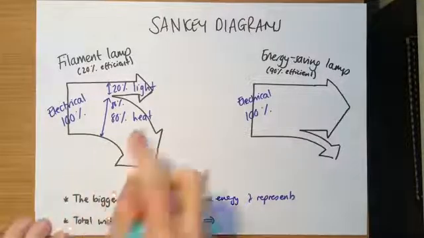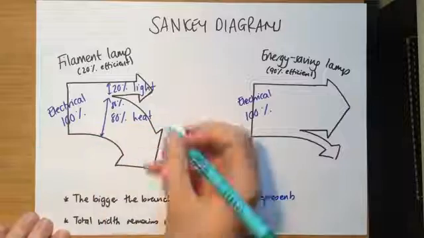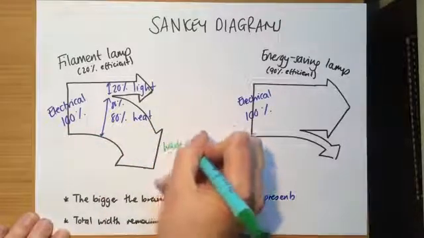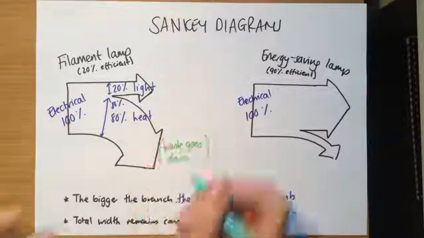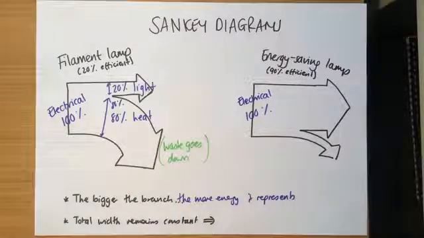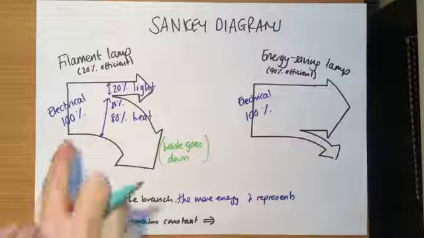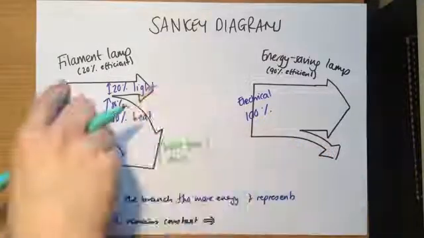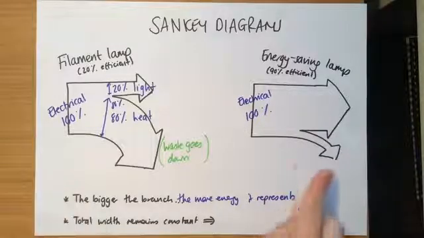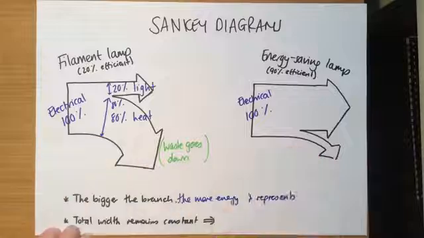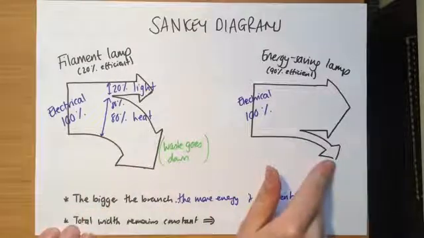Another convention is that waste energy points downwards. That's not always followed, so I wouldn't get too hung up on it, but often the waste energy is pointed down. So if we compare the filament lamp to the energy saving lamp, we can see already the difference between them. If the waste energy goes down, we can see that the one pointing down is much, much smaller.